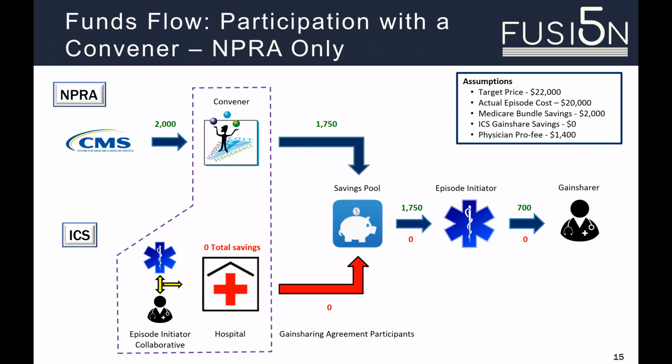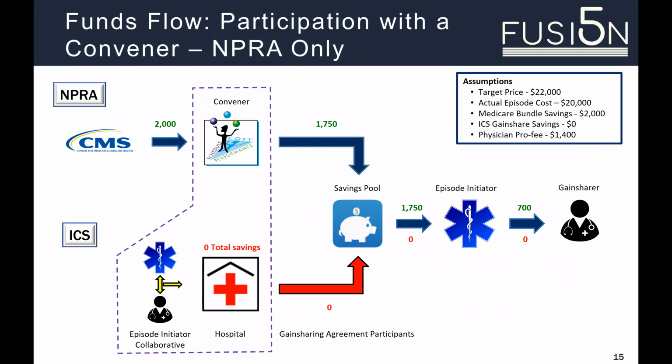Say, for example, you had a target price of $22K, your actual episode cost was $20K, you've got that bundled savings of $2K. Our convener costs, let's put coming off of that, so your $2,000 turns into $1,750. So that $1,750 goes into your savings pool, that piggy bank icon there.